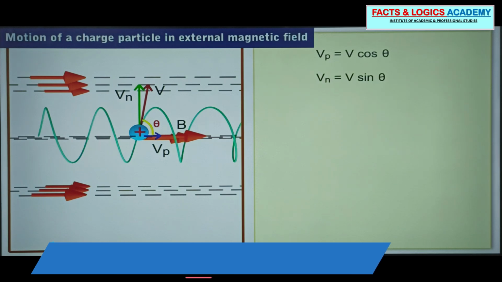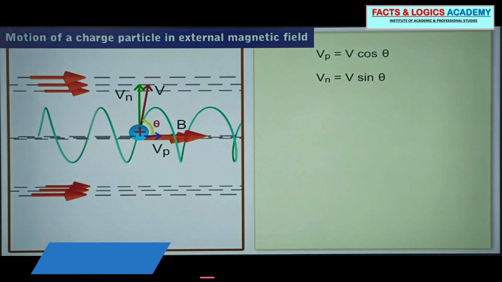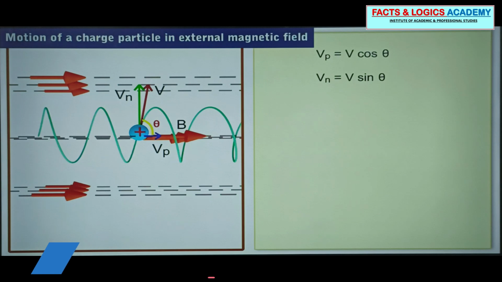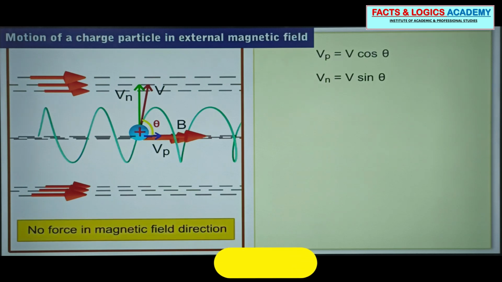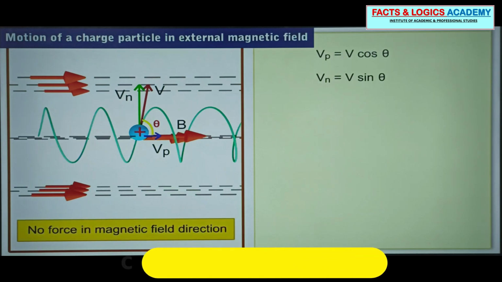The component of velocity Vp along the magnetic field remains the same because the angle between the parallel component of the velocity and the direction of the magnetic field is zero, and hence there is no force acting along the magnetic field.